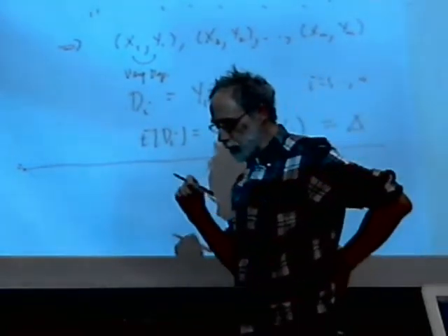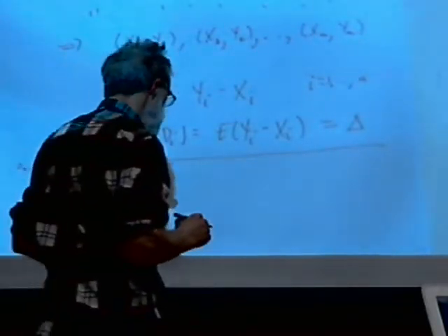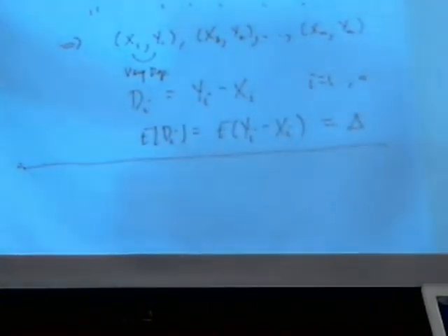Now, before I get into that, I meant to say this before. You've also got one other thing going for you. When you do a randomized pair design, you set up symmetry under the null hypothesis. And that's easy to see, okay?